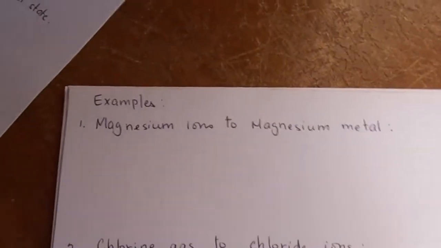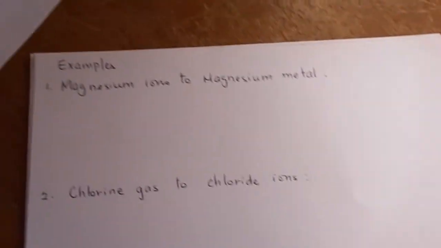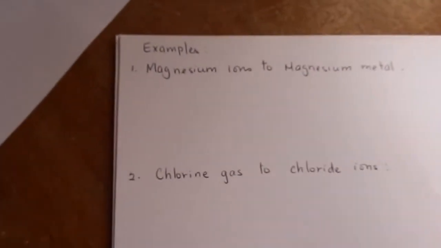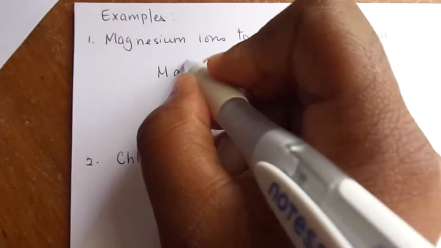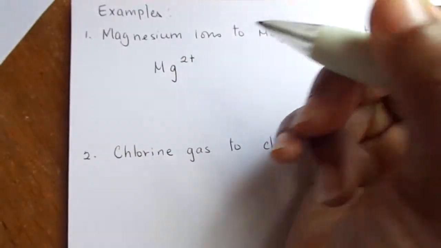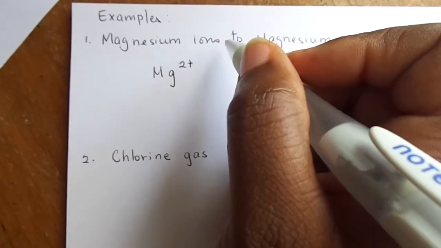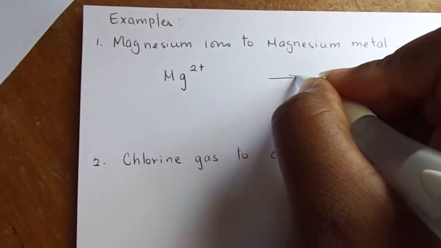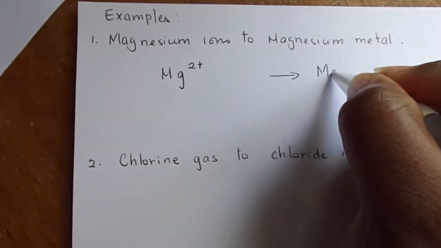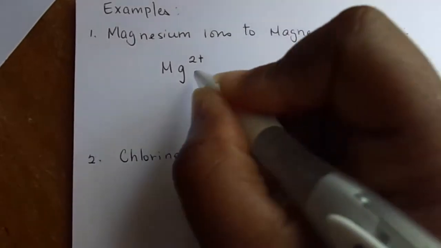Now we have some examples. Say we want to go from magnesium ions to magnesium metal. Easy. Magnesium is in group 2, so it has the oxidation state of 2+. Anything that says ions has already been oxidized. We're going to become magnesium in the metal state, which is solid.